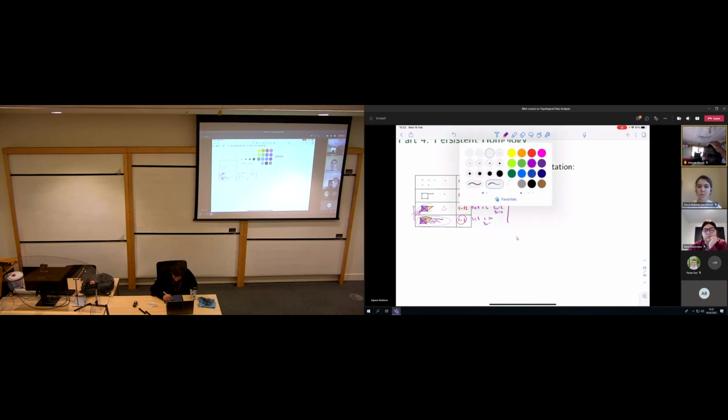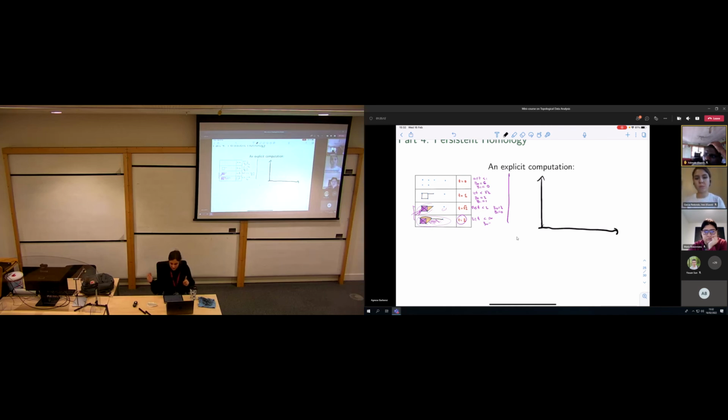I'm doing that by drawing the following thing. I want to consider each feature appearing in the filtration as a bar whose length depends on how long it stays, on its persistence. That's why we have the name persistent homology: how long a feature stays in the filtration.